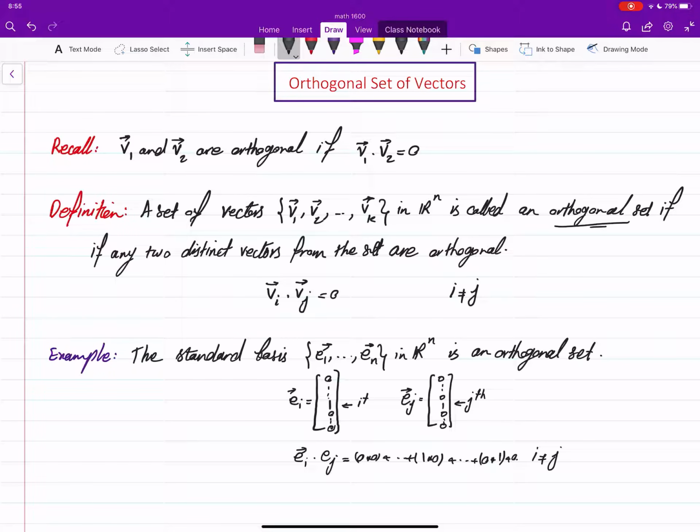So this will obviously give us 0 for any i and j which are not the same. Yes, this is very important. You have to pick distinct vectors.